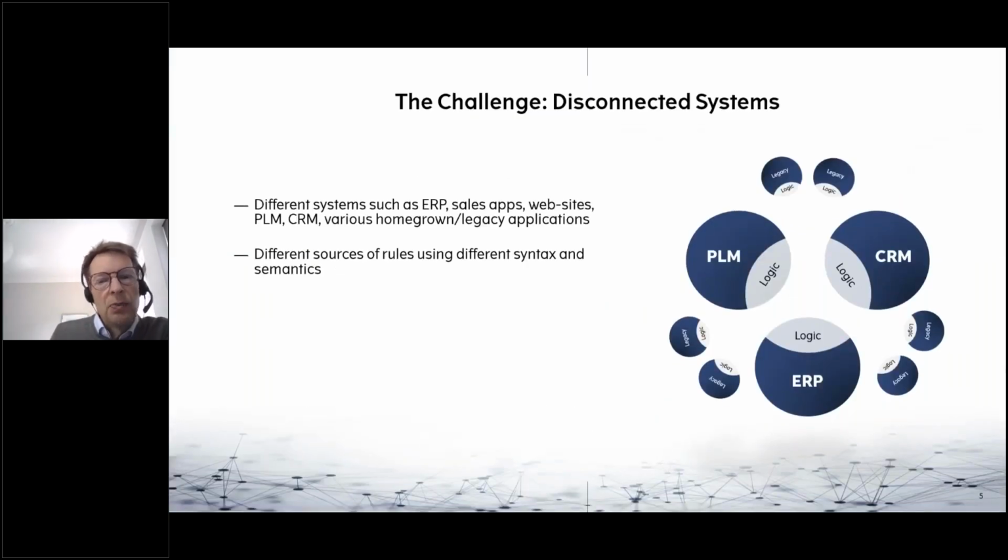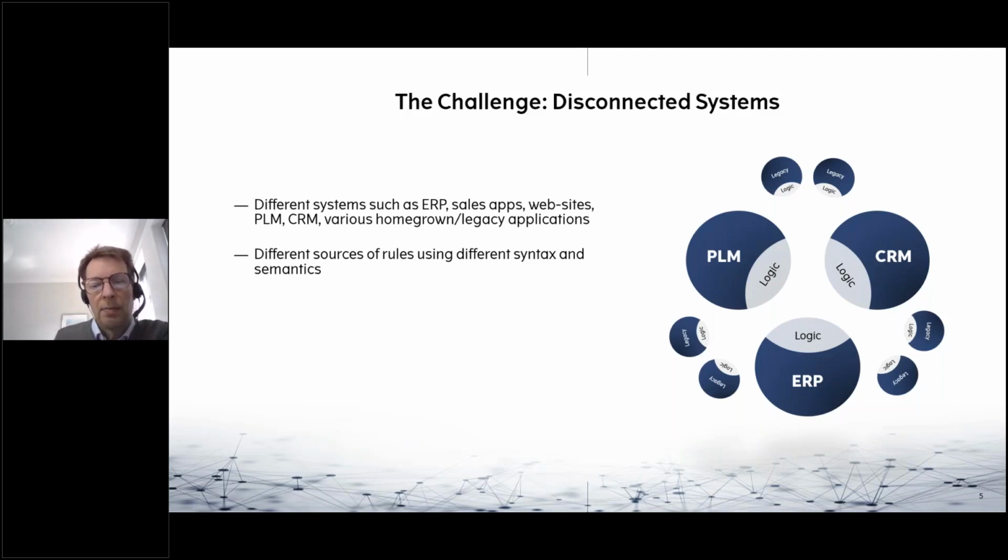And what we see when we go and engage with customers is that they traditionally have a number of systems in play. They have large enterprise systems such as PLM systems for engineering. The sales organization will use another set of systems, CRM systems, CPQ systems for managing the customers and the sales processes.